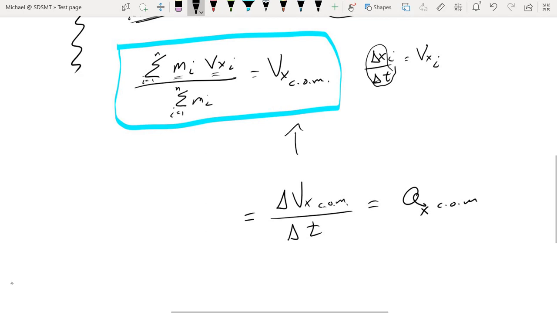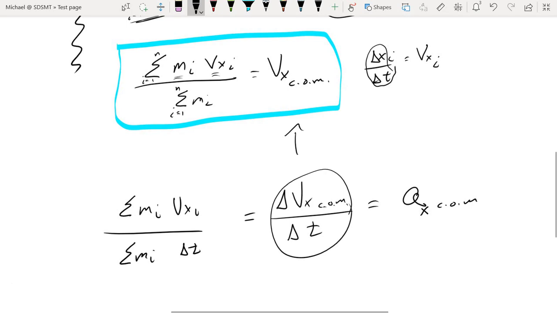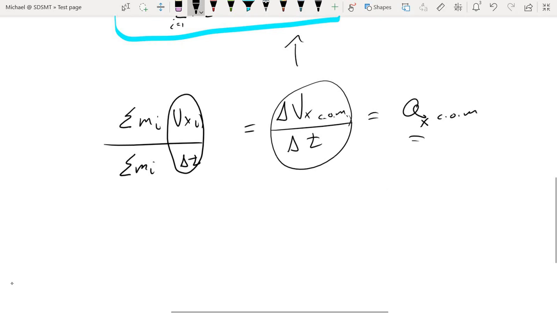We have divided our center of mass velocity by time. So first rule of algebra says what you do to one side, you have to do to the other. And just like over here, I have delta v over delta t equals a, so delta v over delta t is going to equal a. Except that it is the x component of acceleration for each individual mass.